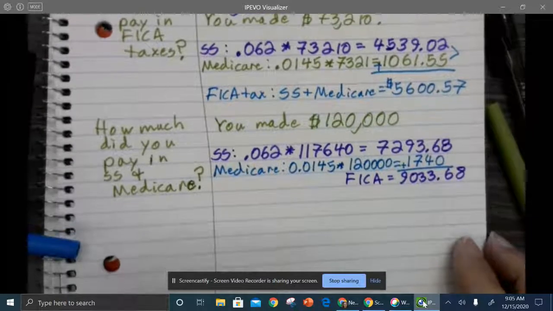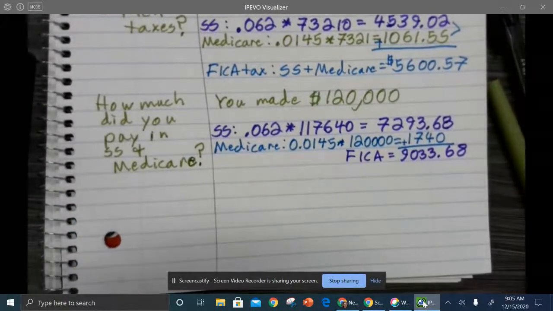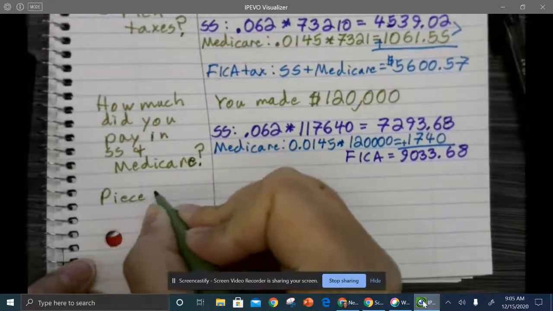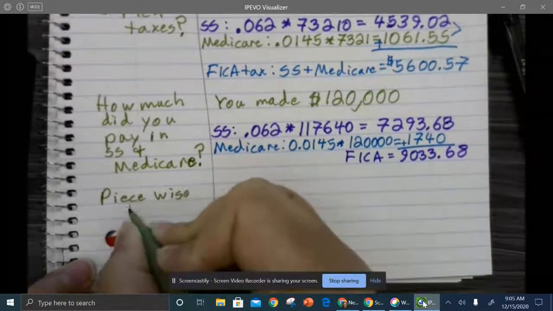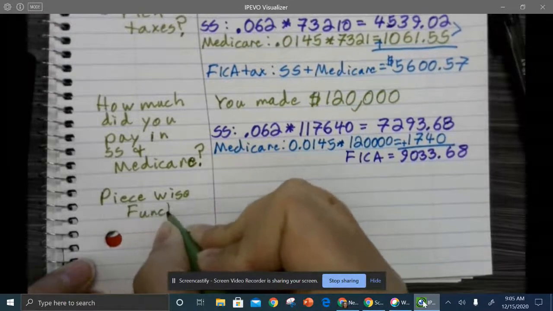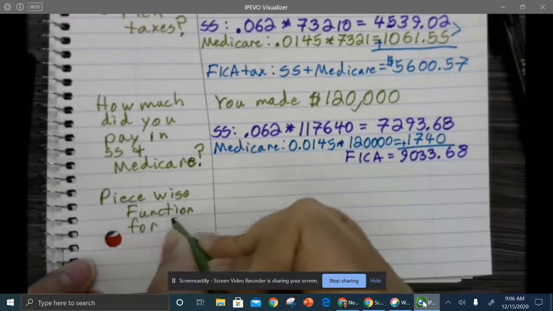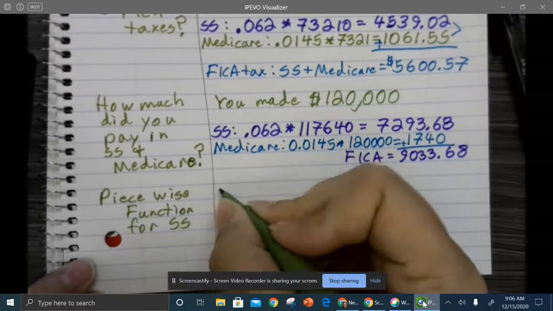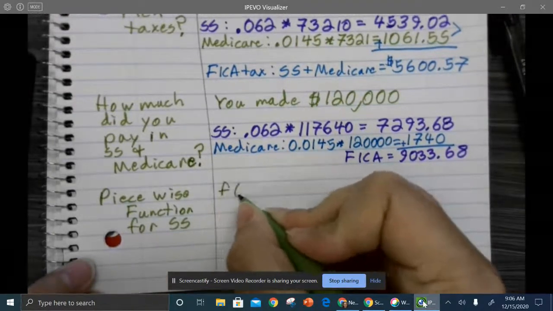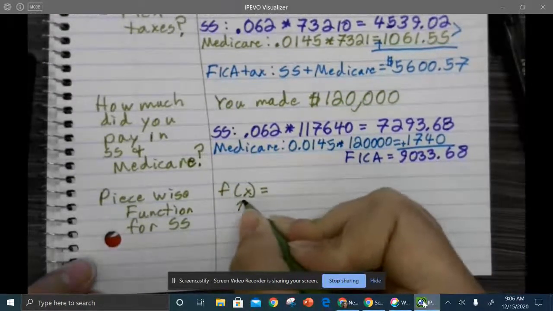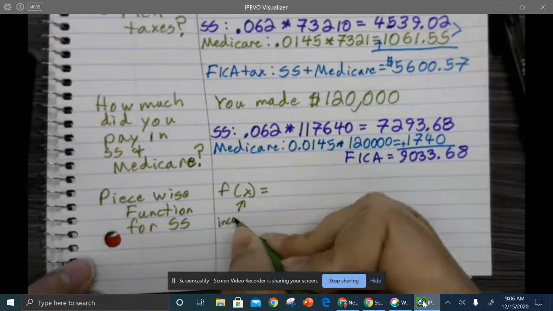So if we wanted to write a piecewise function for this, for Social Security, so everybody, this is one that we could use. Okay, so we have the f of x. Okay, so x, everybody, is the income amount.